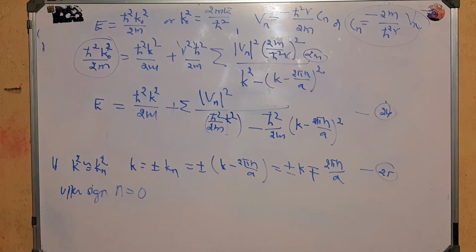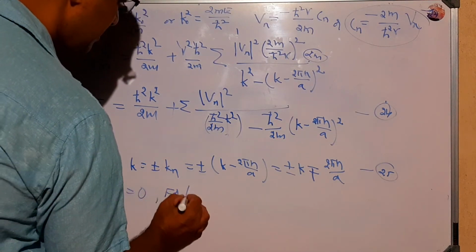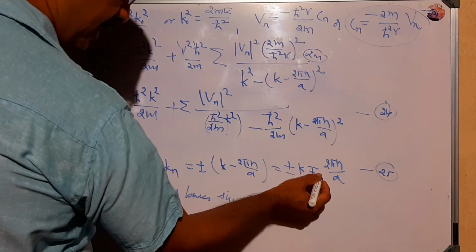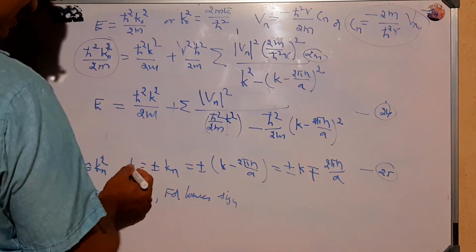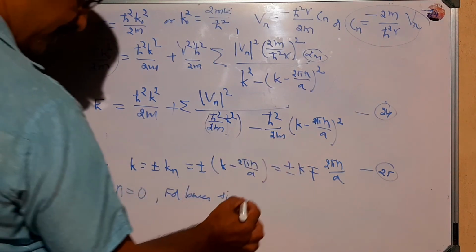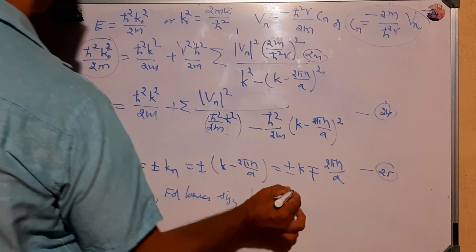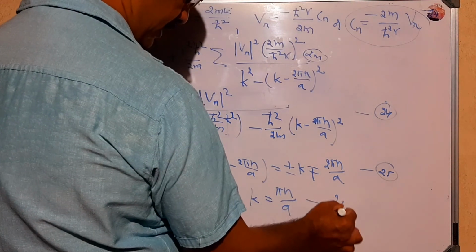Now what happens for the lower sign? That is minus and plus. So this k comes to the left hand side, plus k, 2k, and the 2 gets cancelled. That means k is equal to pi n by a. That is equation number 26.